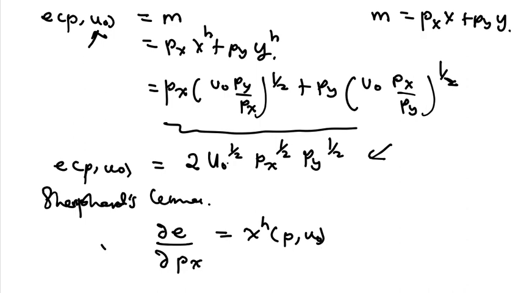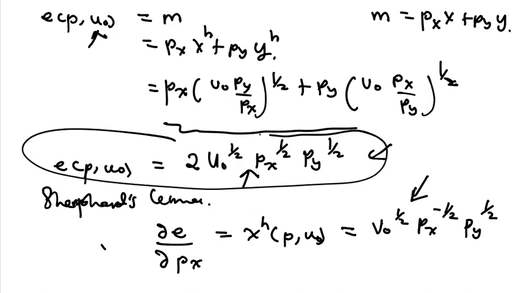Okay, so what you need to do is differentiate this with respect to px, and then you should be able to obtain u naught, half, px to the power of minus half, and then py square root. Okay, so try this because this is very easy. I just go straight to the final answer. Okay, but the differentiation here is very easy to do. You just need to differentiate this function with respect to px.